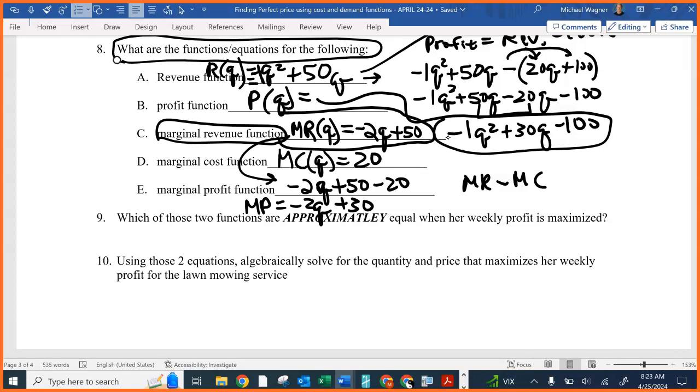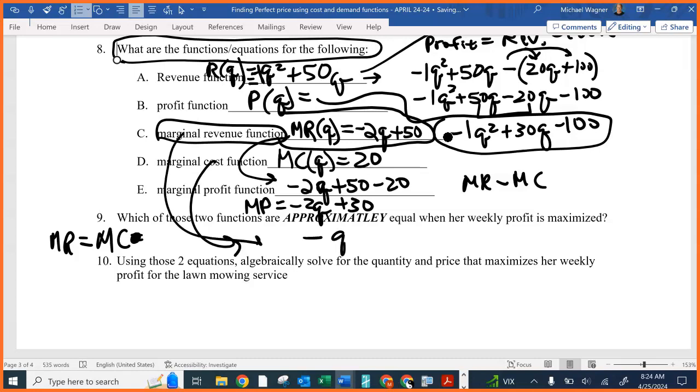All right, we already know that profit is maximized when marginal revenue equals marginal cost. Well, we know what marginal cost is, right? It's this one right up here. And we know what marginal revenue is, right? So we go negative 2Q plus 50 equals 20.